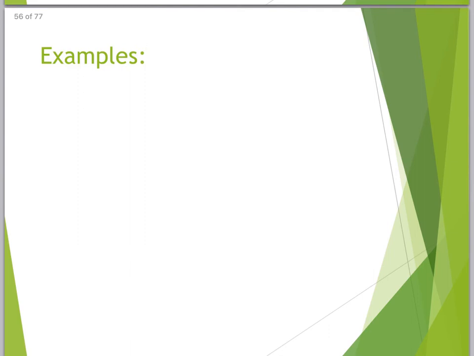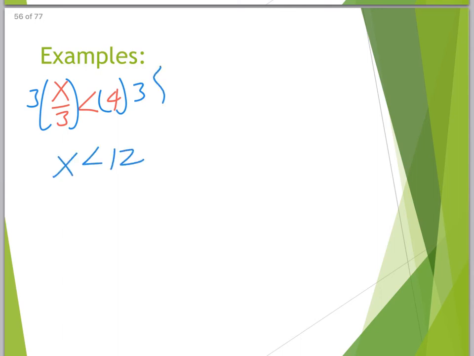So again, let's make sure we understand. If I have x divided by 3 is less than 4, obviously I multiply both sides by 3, just like with equations, x is less than 12. Nothing changes, it works just like equations. But if I change one little thing, say we have negative 3x is greater than or equal to, let's say, 12.